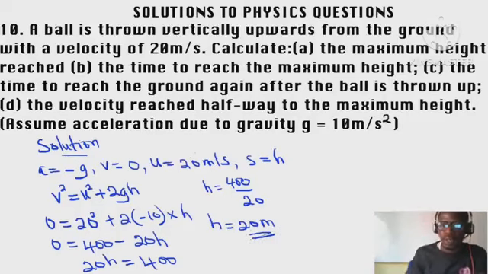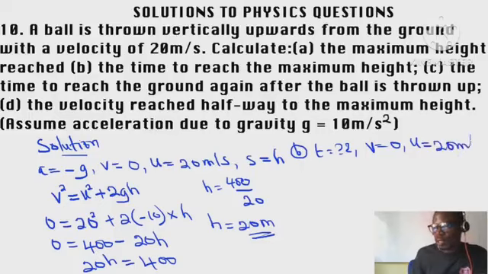Then the next question, B, says the time to reach the maximum height. In this case, we are still using the same relationship, knowing that we want to calculate the time. Also, our v equals 0 and our u equals 20 meters per second. Also, our a equals minus g.